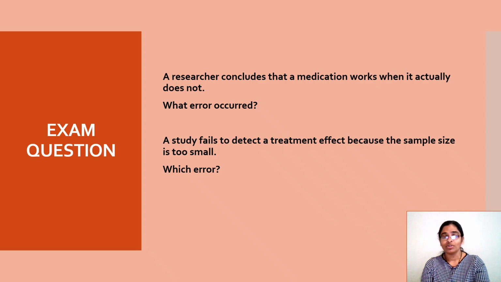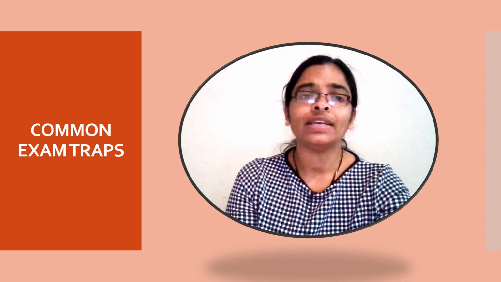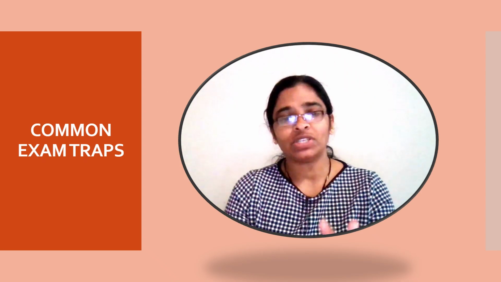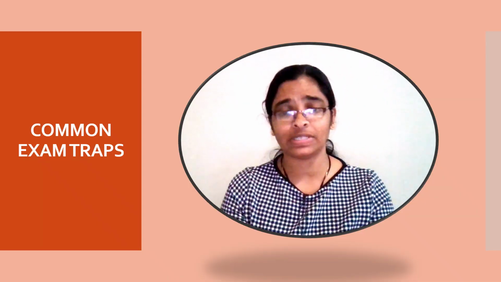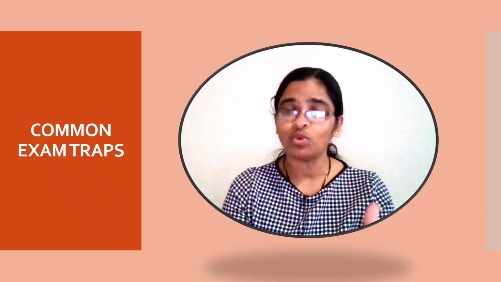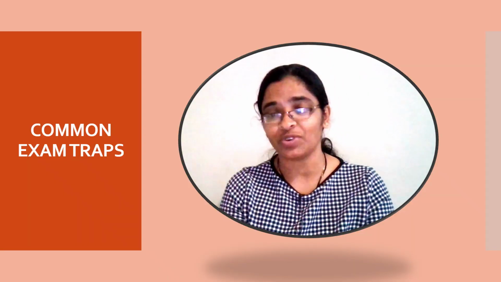So, which error is this? It is false negative, so it is type 2 error. Candidates often confuse type 1 with type 2. Remember, type 1 creates a false discovery. Type 2 misses a real discovery.